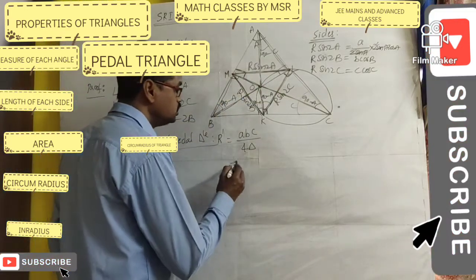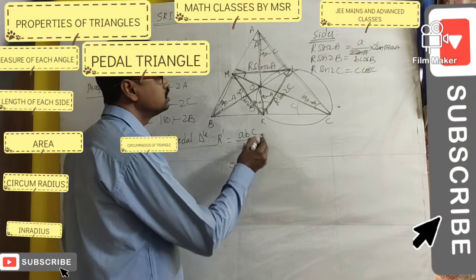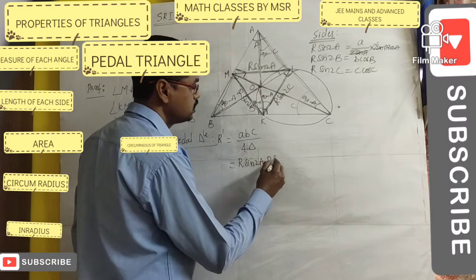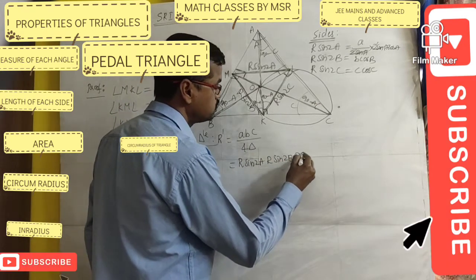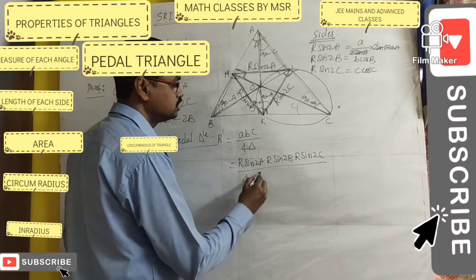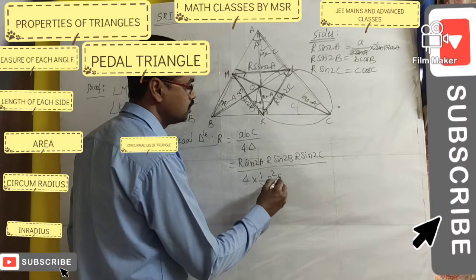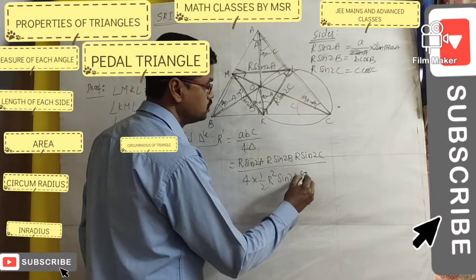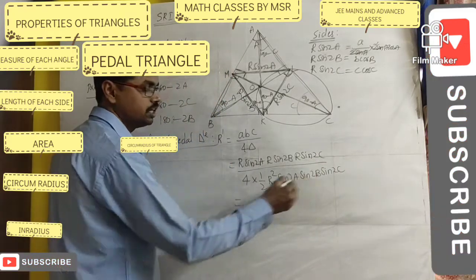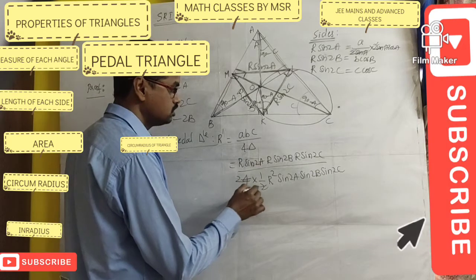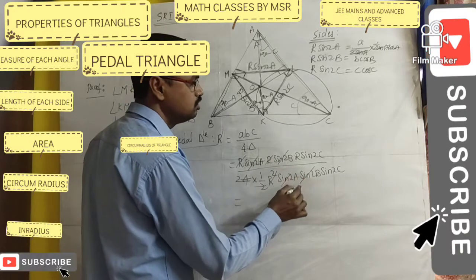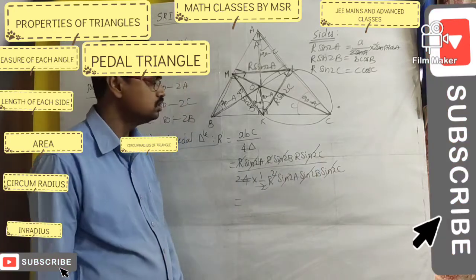Now a, b, c are the lengths of the sides. What are the lengths of the sides? R sin 2A, R sin 2B, R sin 2C by 4 into delta, which we just proved is 1 by 2 R square sin 2A, sin 2B, sin 2C. So this is the area of the pedal triangle. Now R square cancels, sin 2A cancels, sin 2B, sin 2C cancel.